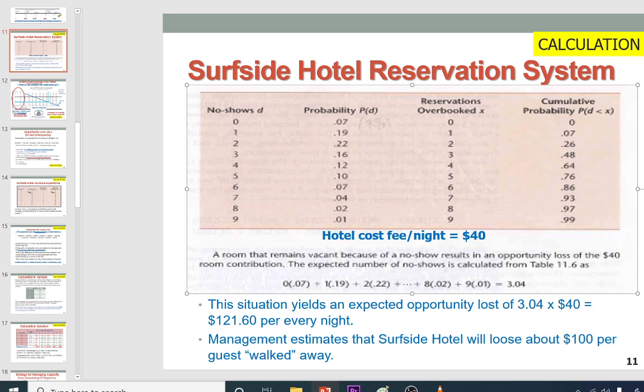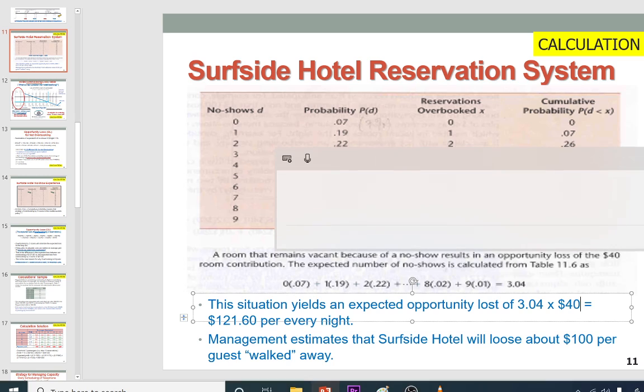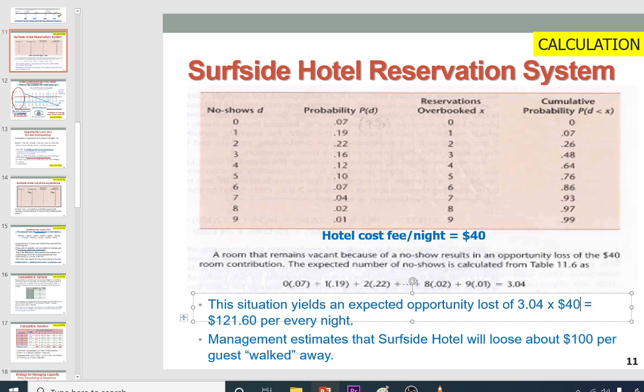And this total expected opportunity loss is 3.04 multiplied by the hotel cost per night of 40, which gives a total of $121.60 for every night of no-show.